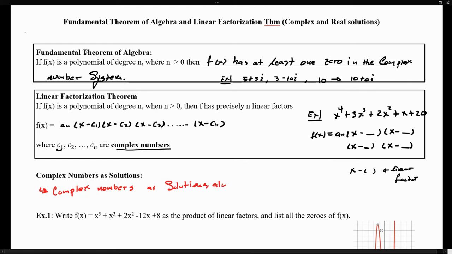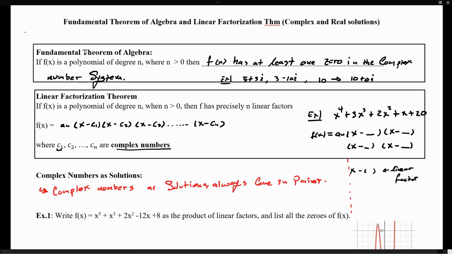they always come in pairs. So what we're trying to say here is that there's no such thing as just one complex number as a solution for this polynomial. No, they always come in pairs. So you either have 2 complex numbers as solutions, or 4 complex numbers, or 6, or 8, they always come in pairs.